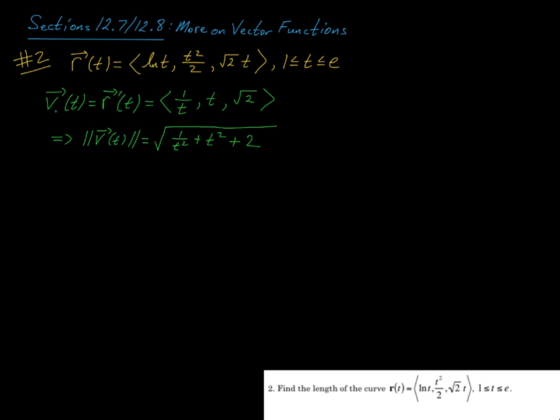So v of t, just differentiating component-wise, is 1 over t, comma, square root of 2. Then the speed is the magnitude of the velocity, that's the root of 1 over t squared plus 2. Okay, so now this is the thing I'm going to integrate.